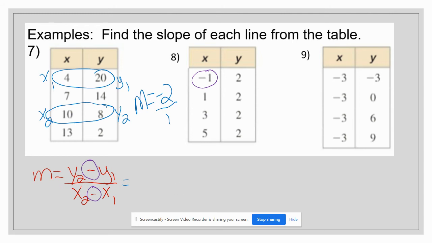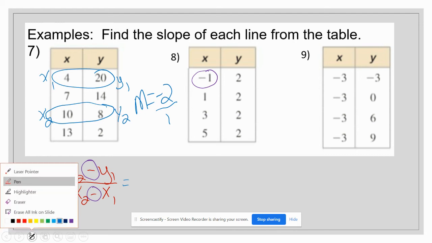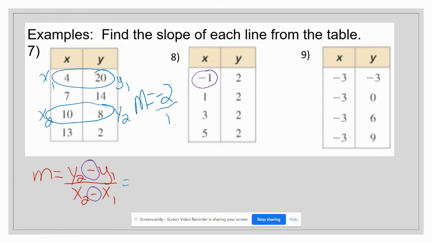Let's take a look at example 8. For example 8, we can again pick any two that we want. So let's pick the first two. And I'm going to go ahead and label.